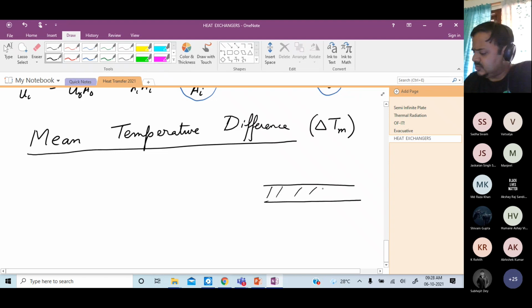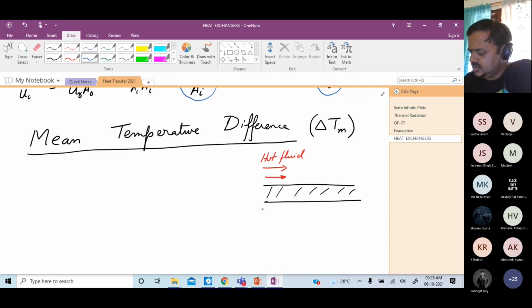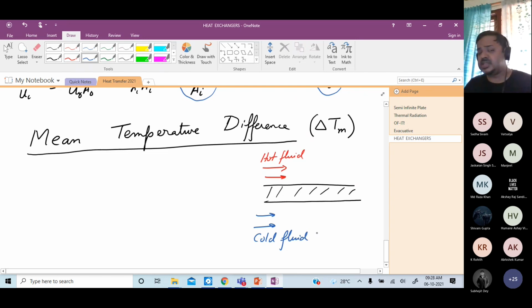Let us consider this wall. There is a hot fluid and there is a cold fluid. I'm drawing it in parallel configuration. What is the mean temperature difference? Because for the hot fluid, the temperature is changing as you move.